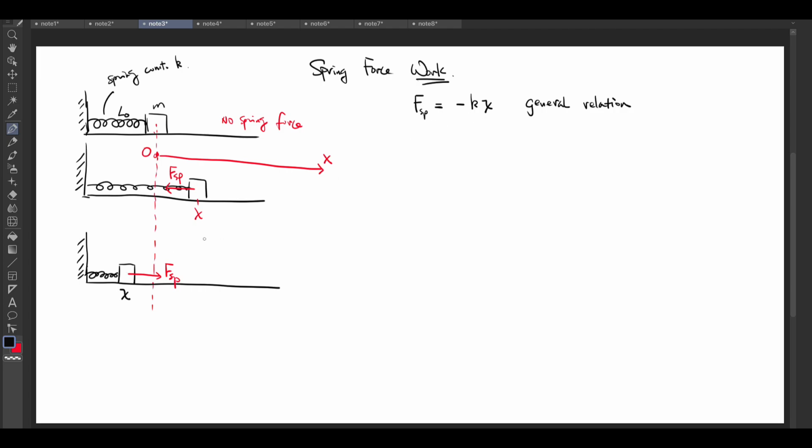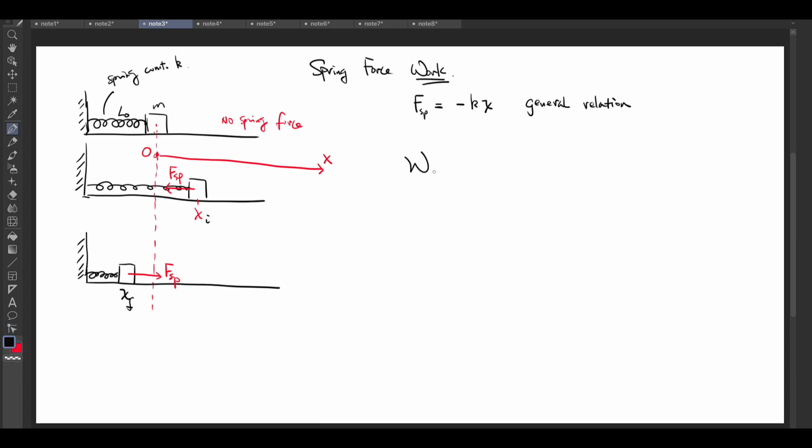Now we're going to do that just like in the case of the gravitational force calculation. I want to assume some initial and some final position. Okay, so let's see how we can do this integral here.